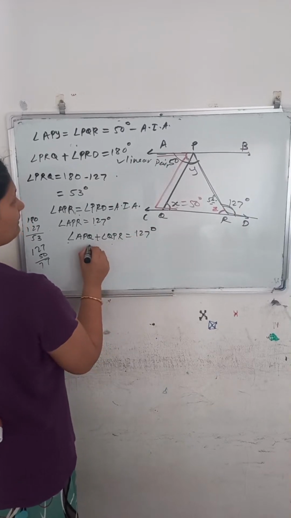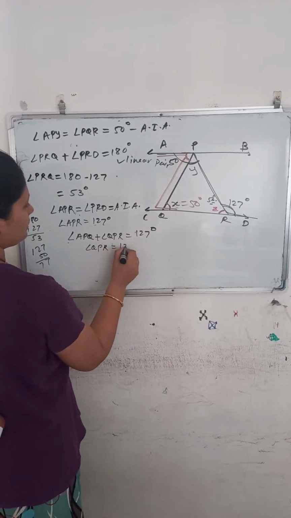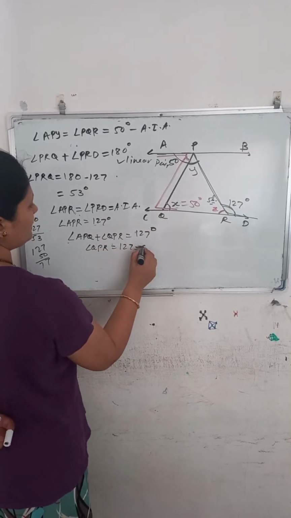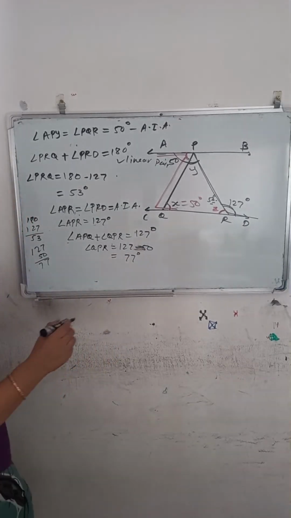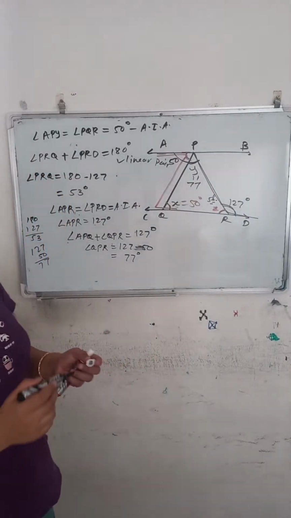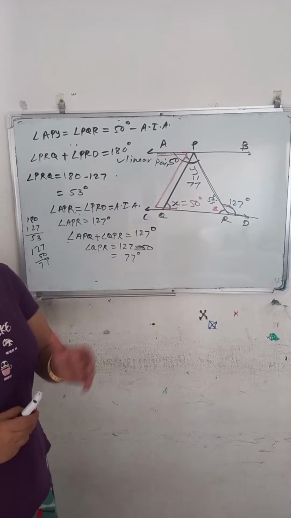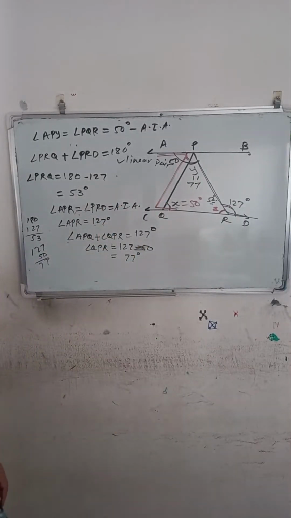So I will get angle QPR is equal to 127 minus 50, that is nothing but 77 degrees. So that is why I am getting 77. Or by simply applying the triangle angle sum, you can calculate the angle and you will get the same answer. Okay, copy this.